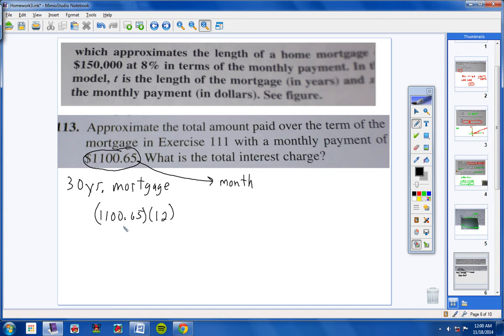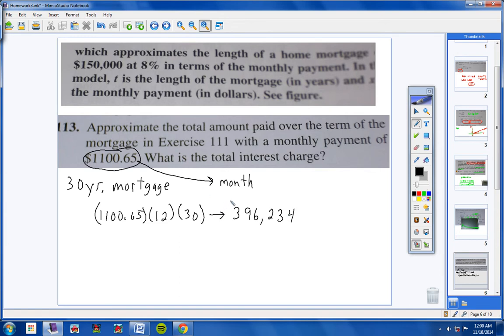Then multiply that by 30. So at the end of 30 years, they will have paid this much here: $396,234.